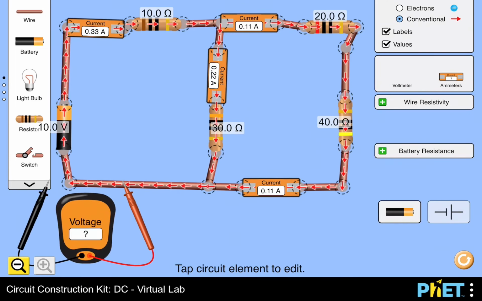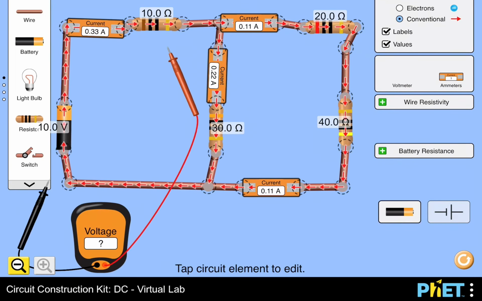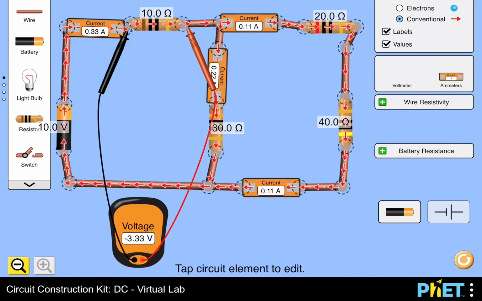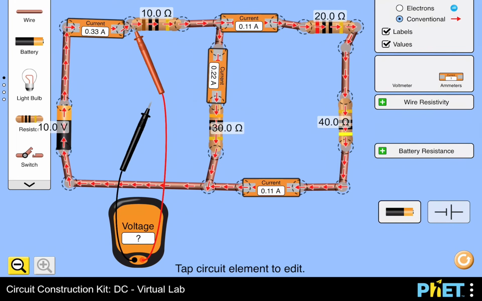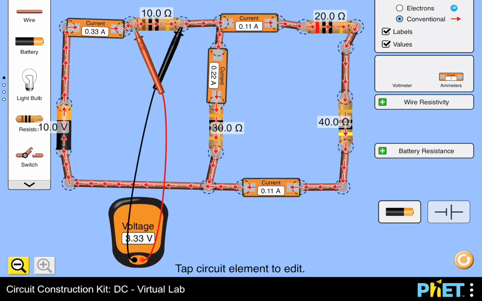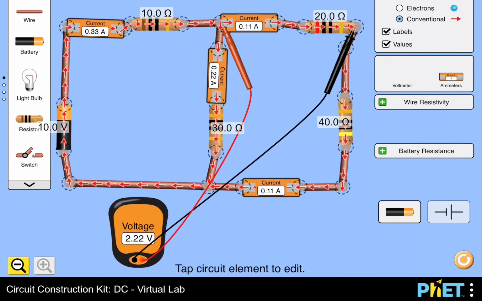Now, using the voltmeter, you can measure the potential difference across each resistor. You can simply add one here and one here, and this one will be negative, because it has to be connected this way, giving 3.3 volt. So now let's plug one here and the other here.